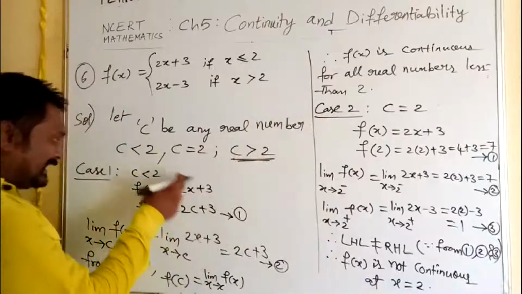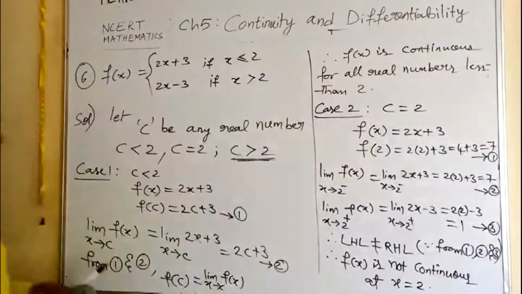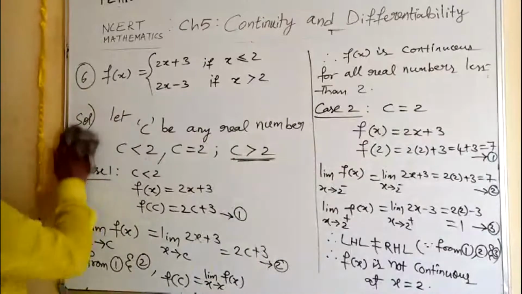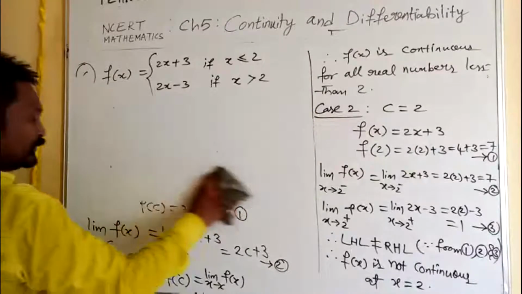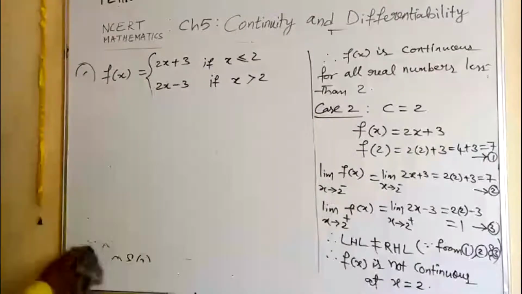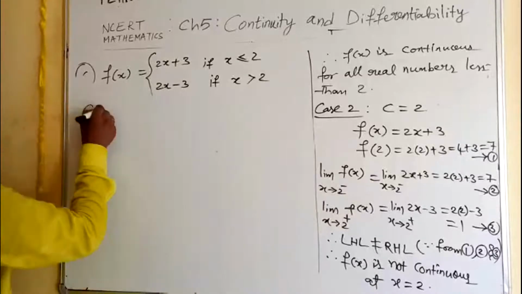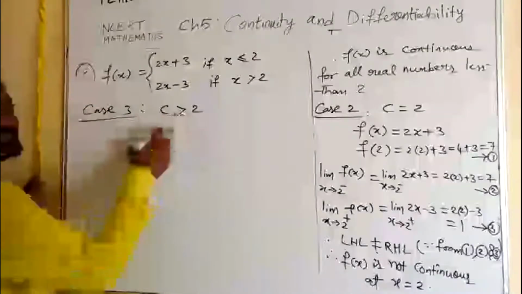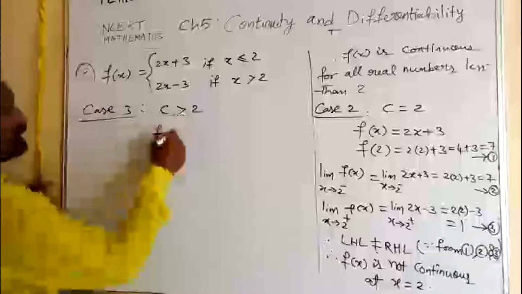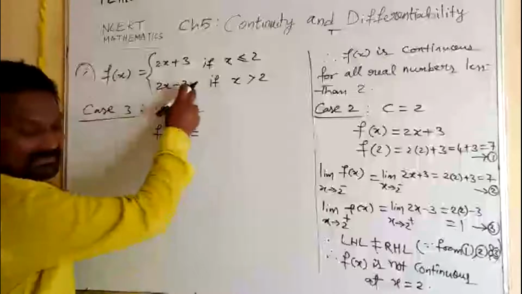Same like this method only you have to solve. Let me solve here. I hope you all have written this and I'll solve here. c is greater than 2 now. So let me write here case number 3, c is greater than 2. Whenever c is greater than 2, what is our f of x? c greater than 2 means 2x minus 3.